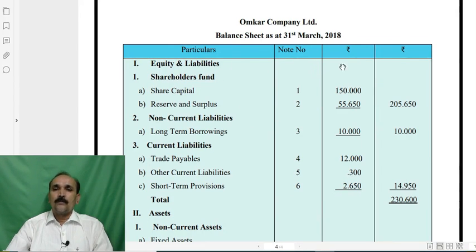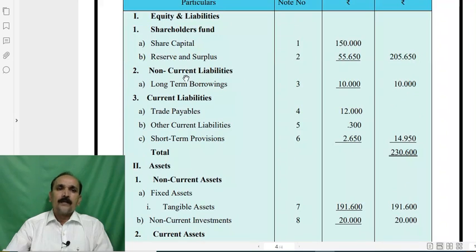Now see the balance sheet as on 31st March 2018. Particulars, note number, rupees. Equities and liabilities. Shareholders' funds. A. Share capital, note 1, 1,50,000. B. Reserve and surplus, note 2, 55,650. Total 2,05,650. Second, non-current liabilities. A. Long-term borrowings, note 3, 10,000.